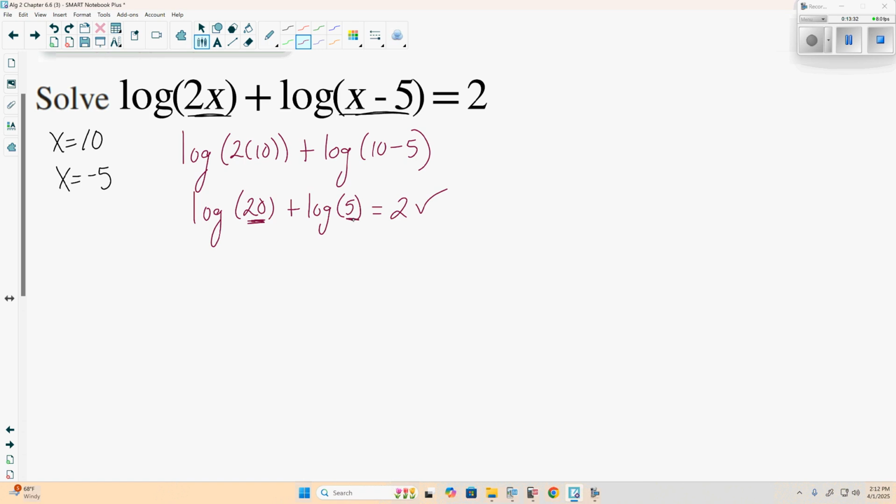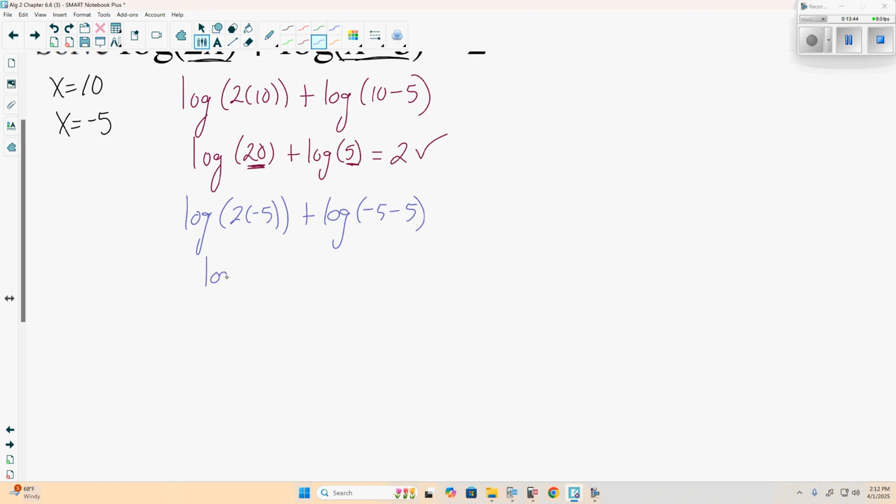Let's look at negative 5. We'd have log of 2 times negative 5 plus log of negative 5 minus 5. Well, 2 times negative 5 is negative 10. Negative 5 minus 5 is negative 10.